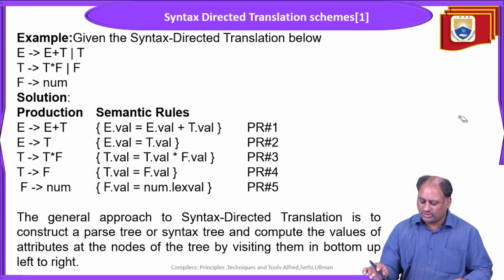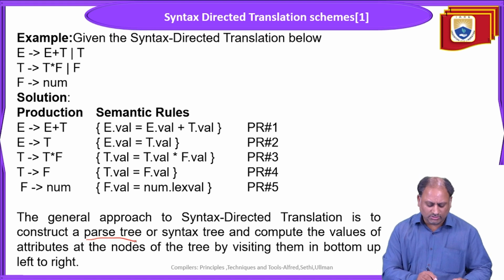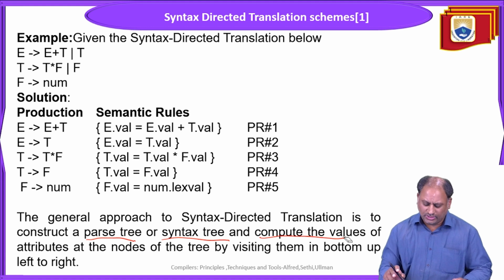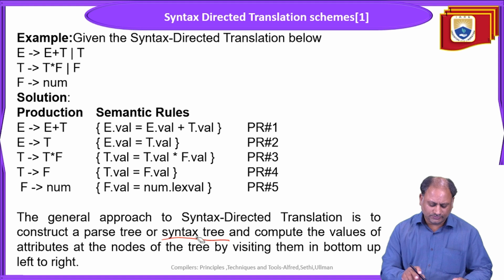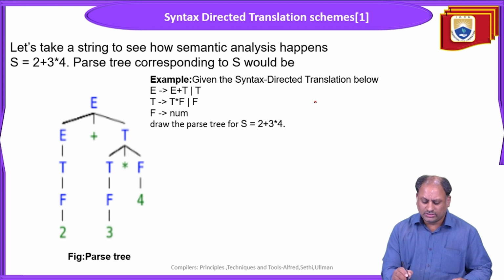So let us see how this computation takes place for the construction of the parse tree or syntax tree in order to compute the values of each of the derivations. For example, this is the given grammar.